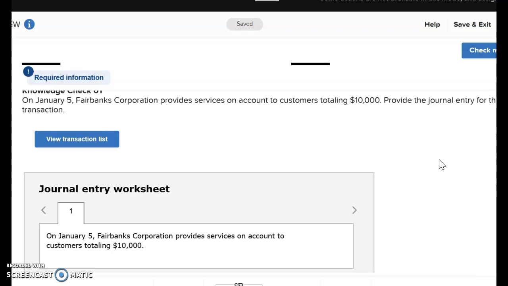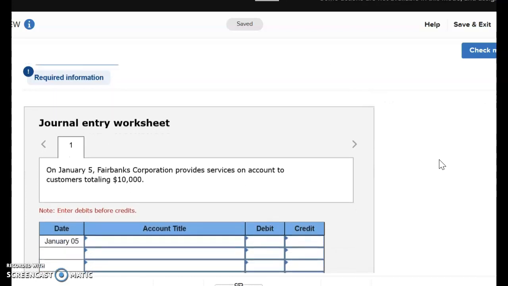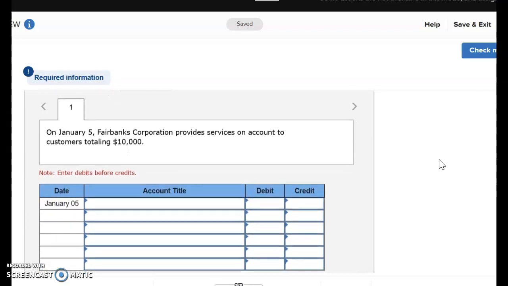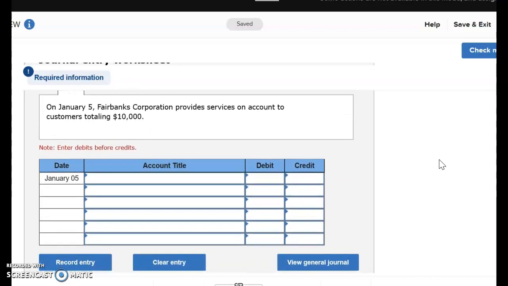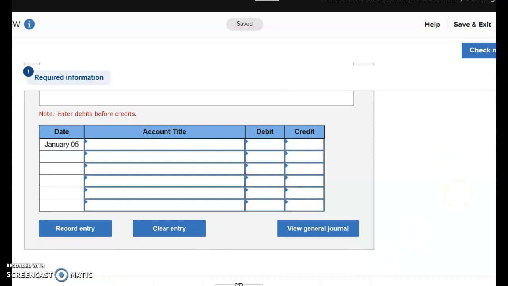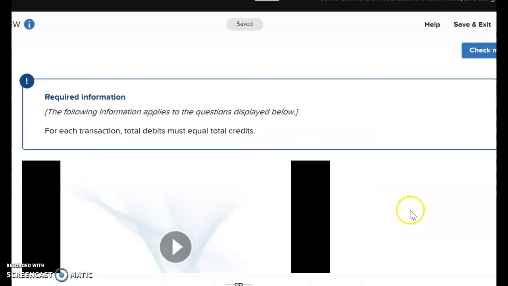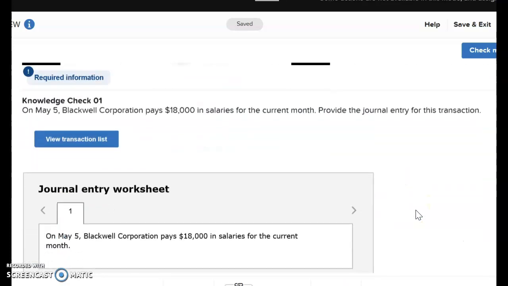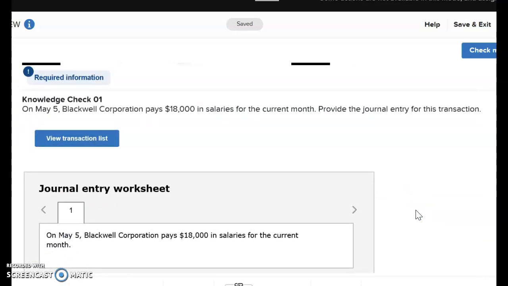Provide the journal entry for this transaction. Number 23. On May 5th, Blackwell Corporation pays $18,000 in salaries for the current month. Provide the journal entry for this transaction.